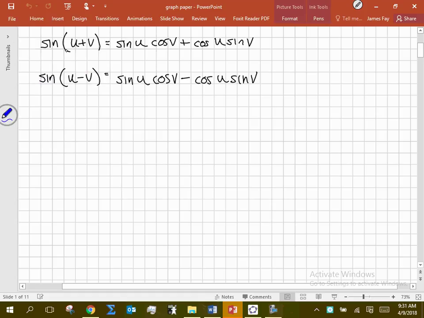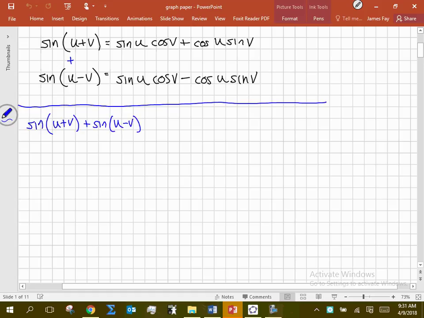Now, maybe view it kind of like a system of equations. If I add these two sides, or this column together, it's going to look like this: sine of u plus v plus sine of u minus v is equal to, now add these things together.